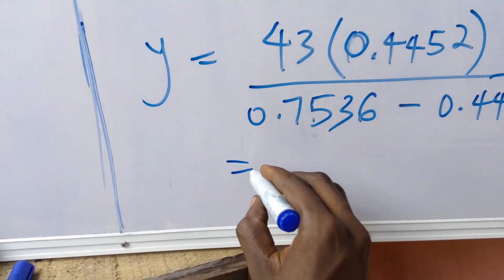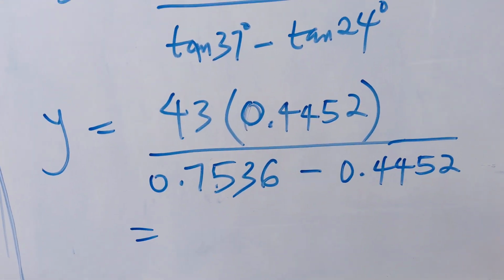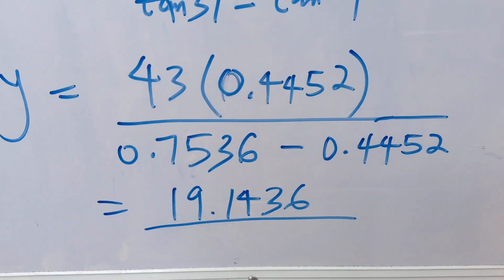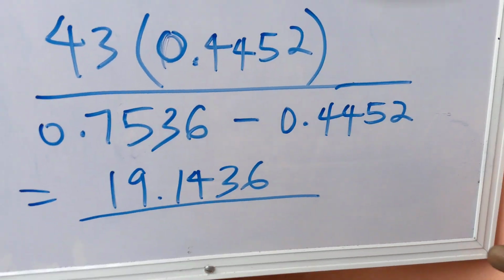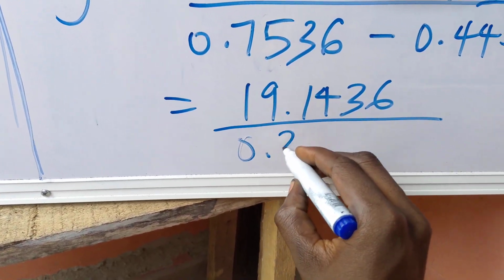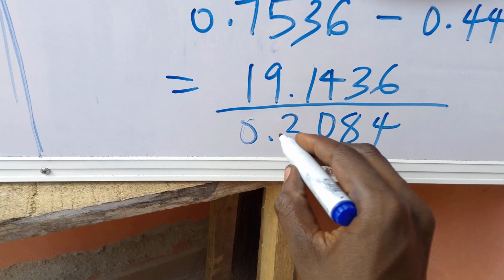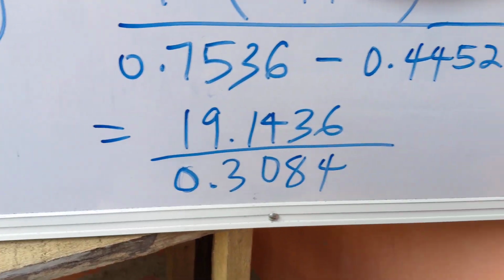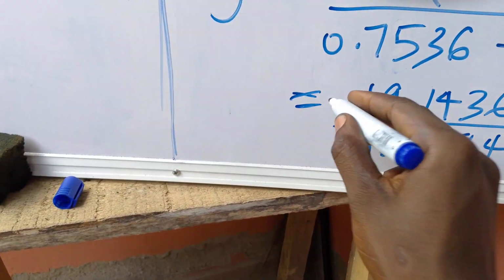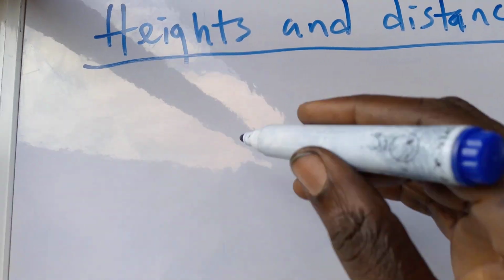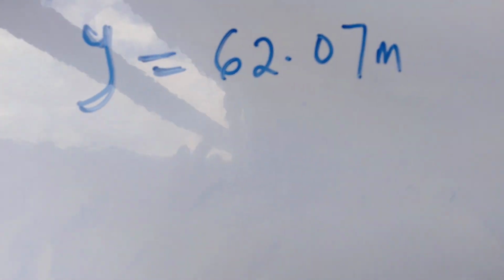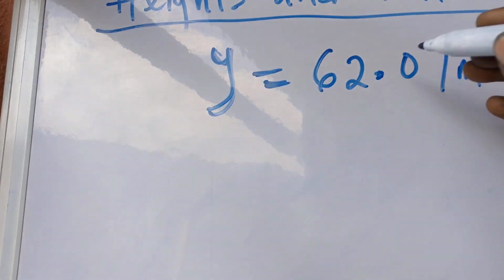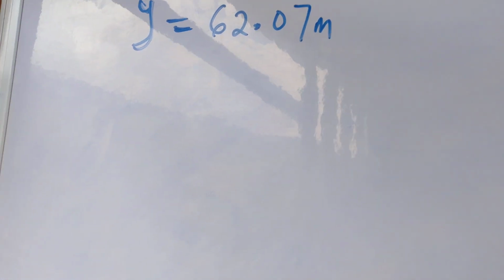When I multiply 43 times 0.4452, I get this. When I subtract the denominator, I have 0.3084. Now when I divide, I'll have y equal to 62.07 meters. That's the value of y, 62.07 meters. Now I've gotten y.